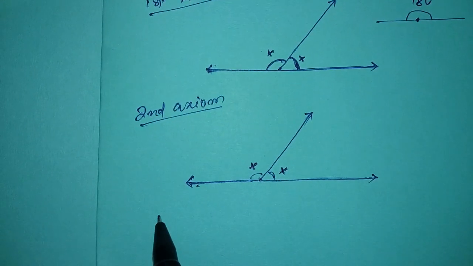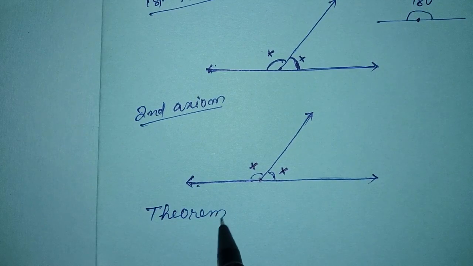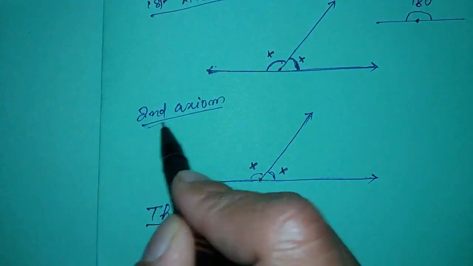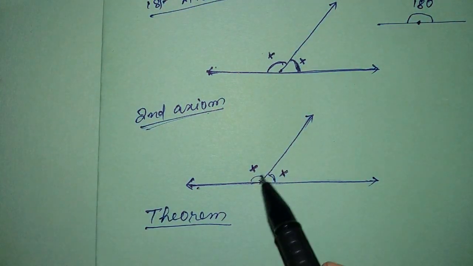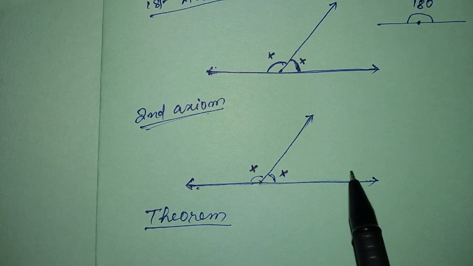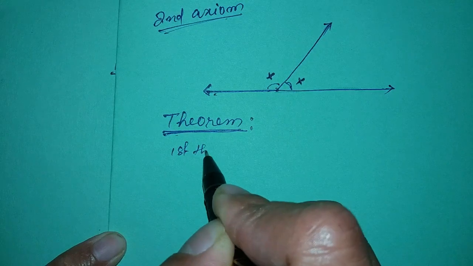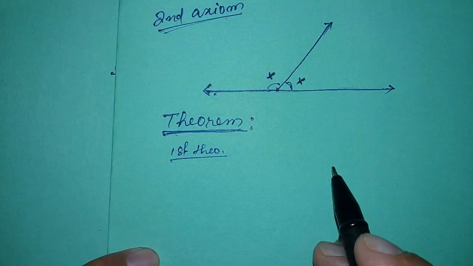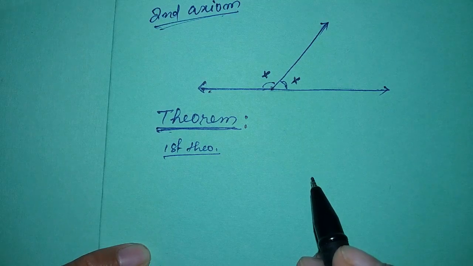Now next is theorem. The difference between theorem and axiom is, axioms are those properties which we don't need to prove to be true, but a theorem is something which needs to be proved. The first theorem in the chapter is, if two lines intersect each other, then the vertically opposite angles are equal.